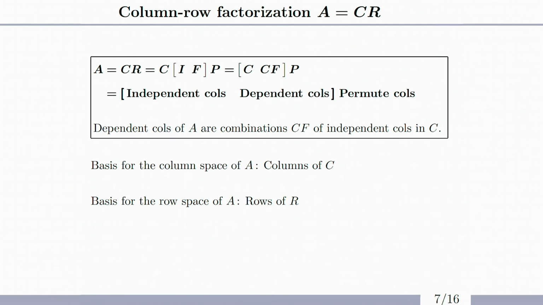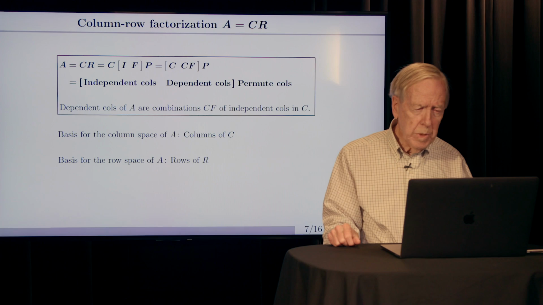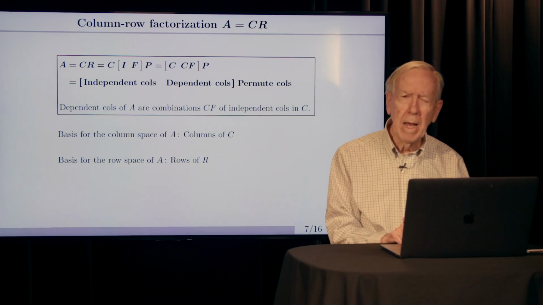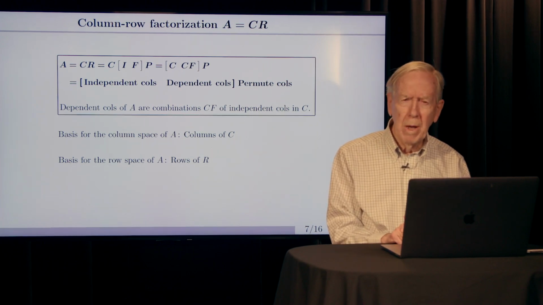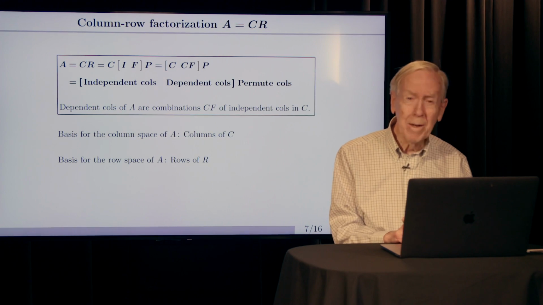This box is around all the matrix formulas. So we're sorting every matrix into independent columns followed by dependent columns, and then this permutation, this exchange matrix P, if they don't really come in that order, if we need a new order. So all this is about A equals CR.